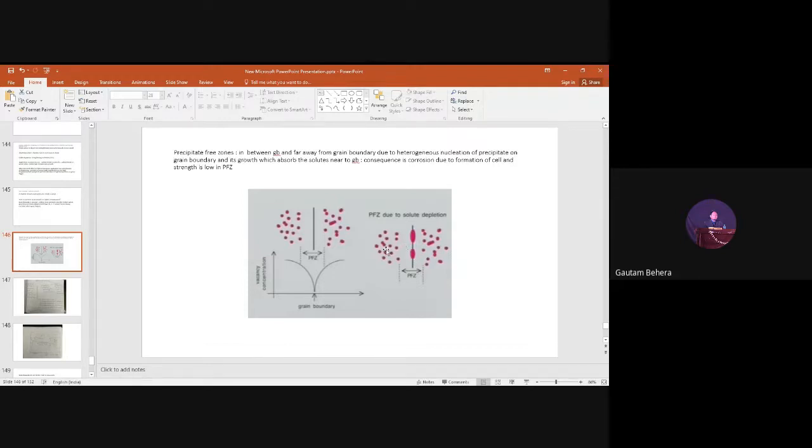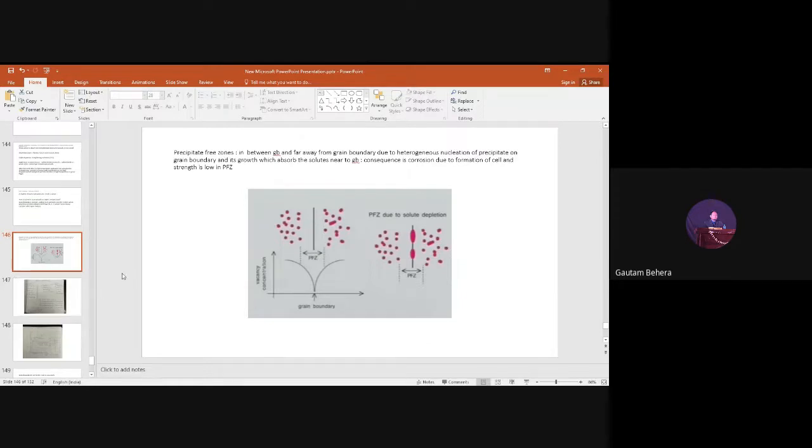This basically happens due to heterogeneous nucleation conditions. If particles are not forming everywhere in the material and there are some preferential sites to form precipitates, this kind of situation may happen. Two things are happening: one is a decrease in strength in the precipitate free zone, and the other is that a galvanic cell may form over there, right?